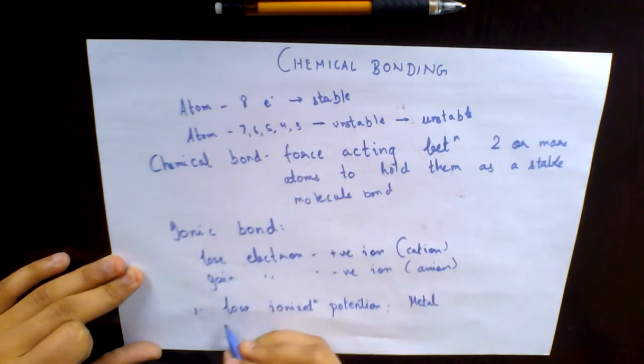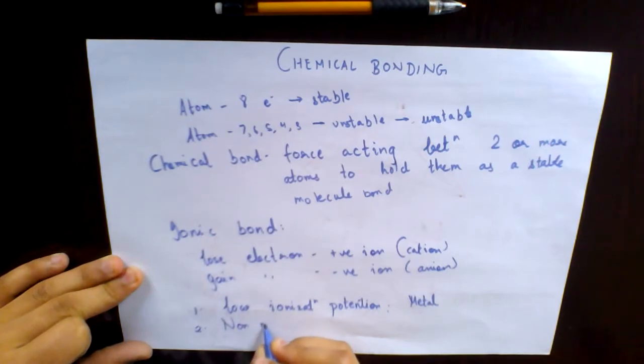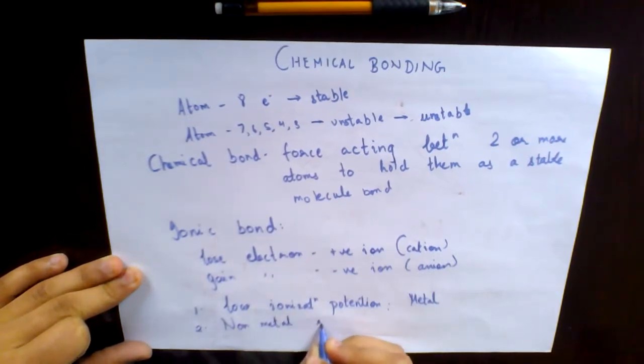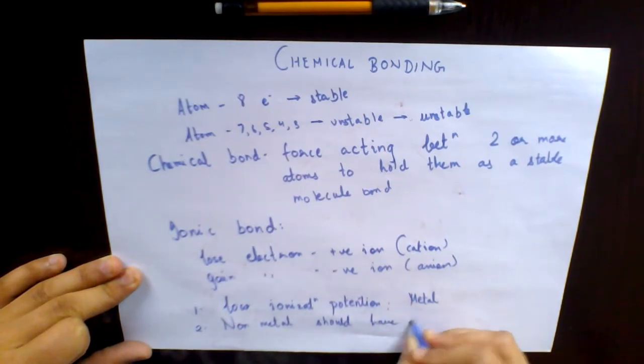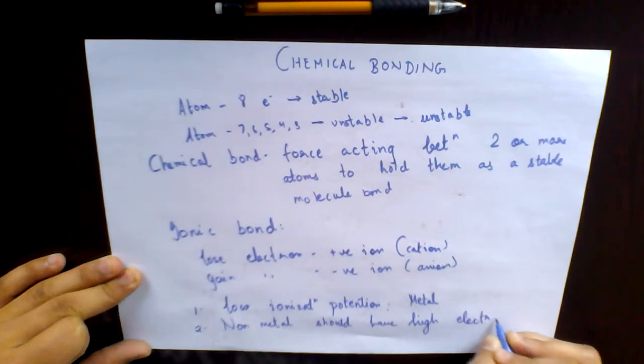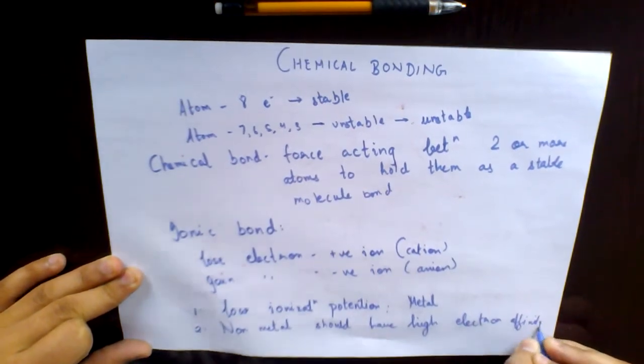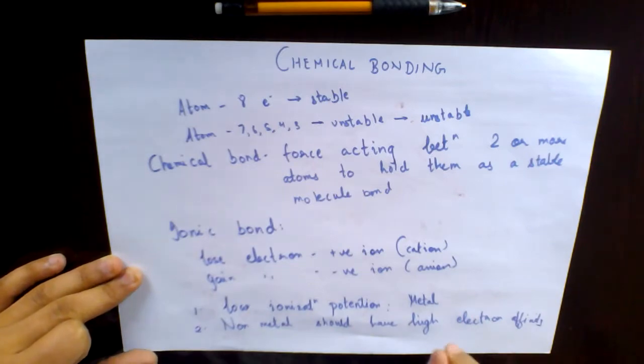So, the metal should have a low ionization potential, whereas on the other hand, the non-metal should have high electron affinity. What does high electron affinity mean? High electron affinity means it has a greater tendency to accept an electron.